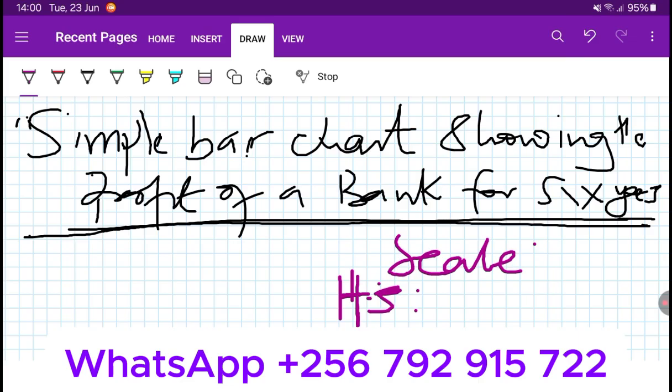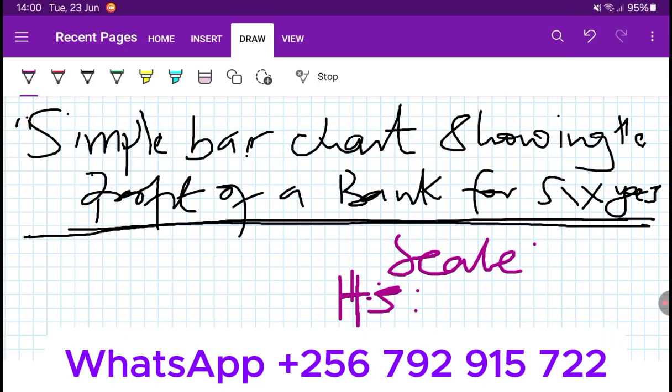Let the diagram that you are drawing occupy 3/4 of the graph book, and then the rest of the quarter represent the title, the scale, and the labeling.